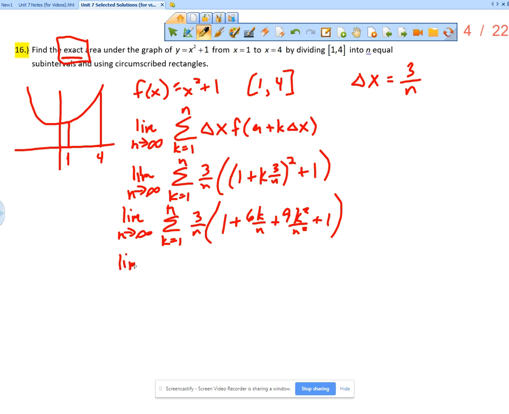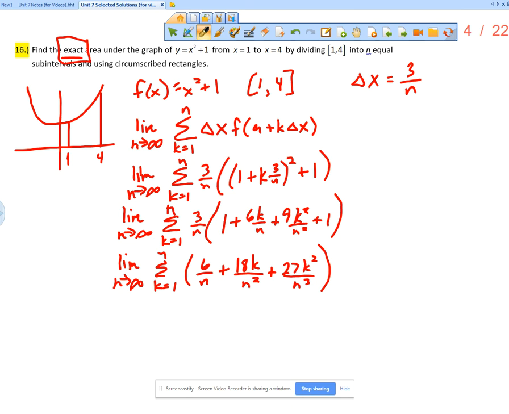Now I'm going to evaluate the limit as n approaches infinity of the sum from k equals 1 to n of. Now I'm going to distribute the 3 over n. So 3 over n times the 2 is 6 over n, plus, distributing, 3 times 6 is 18k over n squared, plus 3 times 9 is 27k squared over n cubed. Now I am going to split this up into three separate summations.